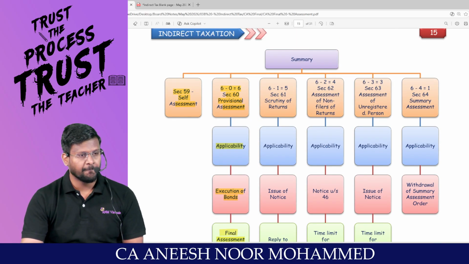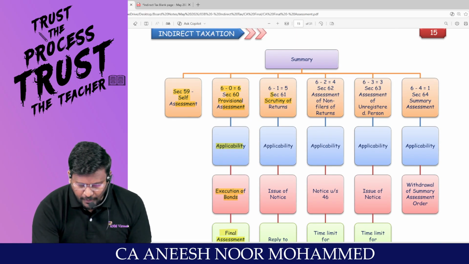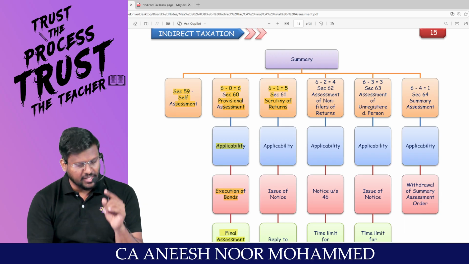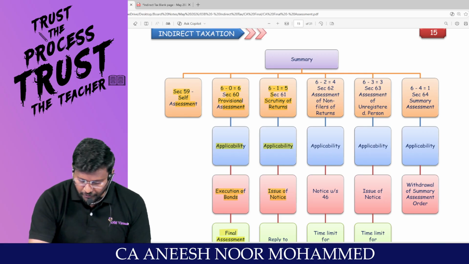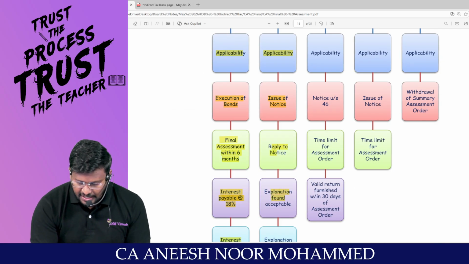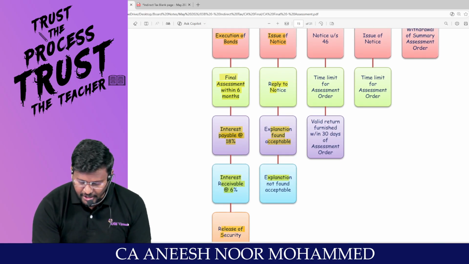Are you all really with me? Section 61, scrutiny of returns, 6 minus 1 is 5, a 5-step approach: applicability, issue of notice, reply to the notice, explanation found acceptable, explanation not found acceptable.